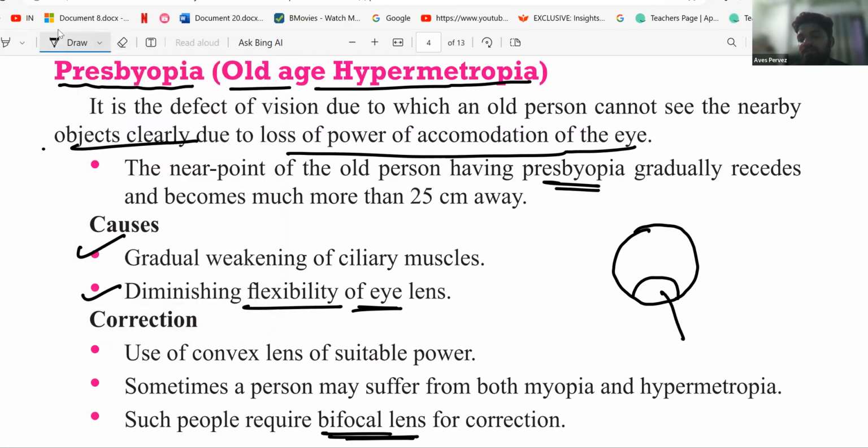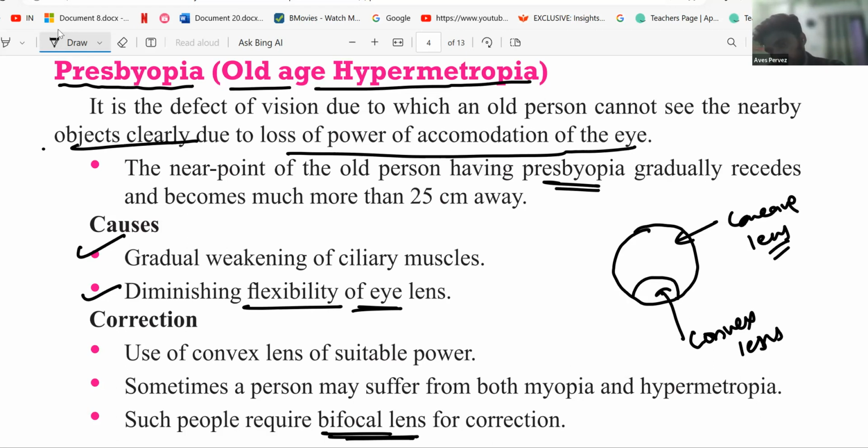This lens is used for reading nearby objects. The upper part is a concave lens and the lower part is a convex lens. Together they are called a bifocal lens. So please note the important points of presbyopia.